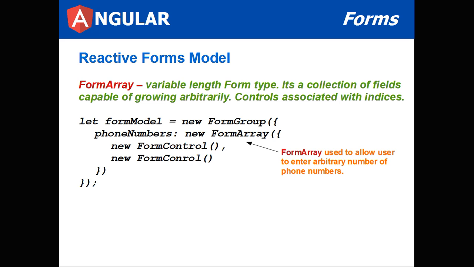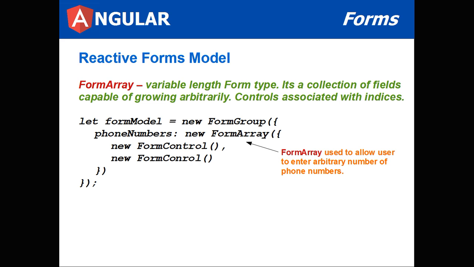Form array is used to allow users to enter an arbitrary number of phone numbers. So we add two form controls to that form array, but in reality the form array has a variable length, and we could add as many phone numbers to that form array as we like.